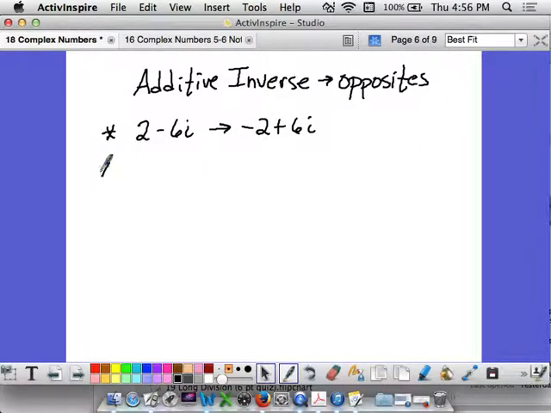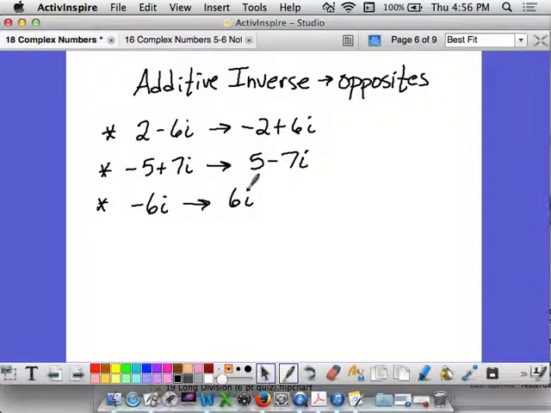You're just changing the signs. If I have negative 5 plus 7i, the additive inverse is 5 minus 7i. If I have the imaginary number negative 6i, the additive inverse is positive 6i. Whenever it asks you for the additive inverse, you just simply write the opposite, but still remember to put that in a plus bi form. You always want to leave it in standard form.